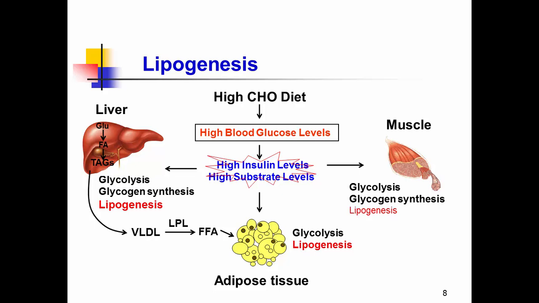So you can see that for lipogenesis, the primary tissue is the liver, the secondary tissue is the adipose tissue, and some also occurs in the skeletal muscle. Lipogenesis is mostly active in the adipose tissue, and also active in the liver as well as the skeletal muscle, right?